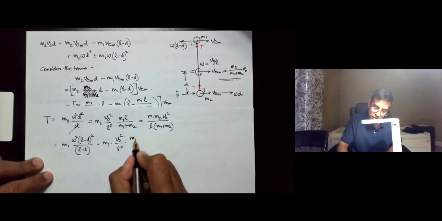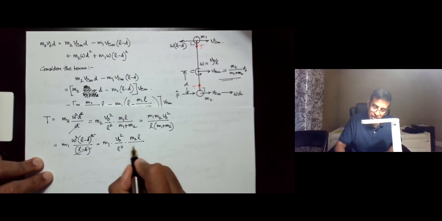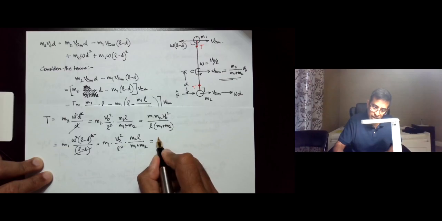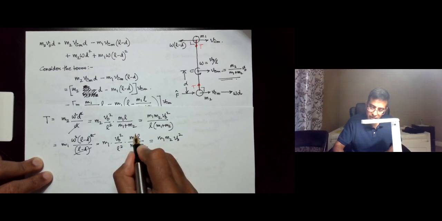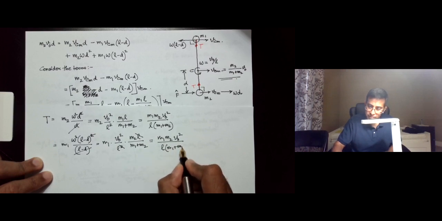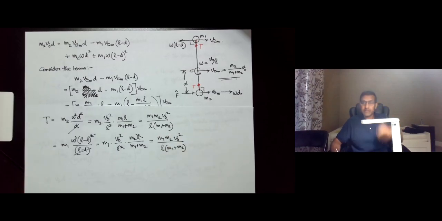I'm just showing the cancellation, and that is going to be again m1 m2 v naught squared divided by L times m1 plus m2, and we indeed get the same expression for the tension of the string, which is expected because the string is massless.